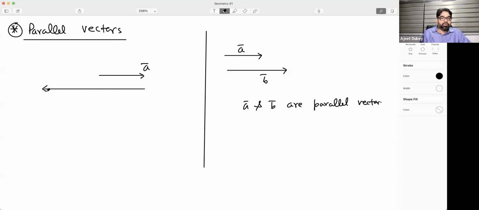These two lines are parallel, but the vectors are in opposite directions. This is A in the left direction, and this is B in the right direction. So A and B are called anti-parallel vectors.